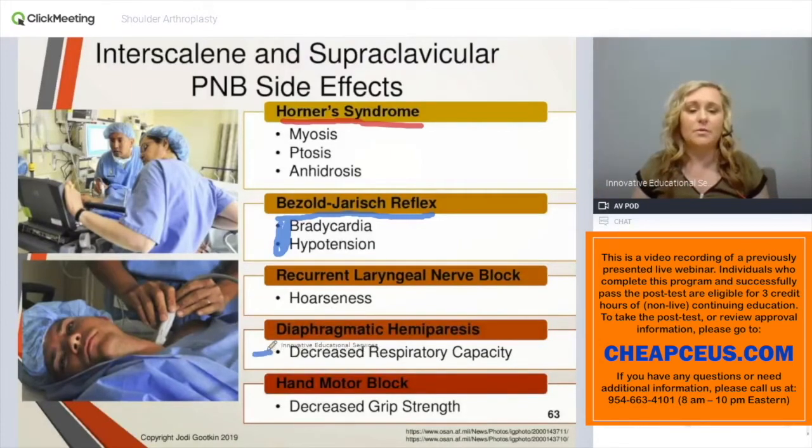Another aspect that I want to bring up is the decreased respiratory capacity in patients who undergo the peripheral nerve block. The research that I read is that there's about a 25% decrease initially in respiratory capacity in patients who undergo that peripheral nerve block.